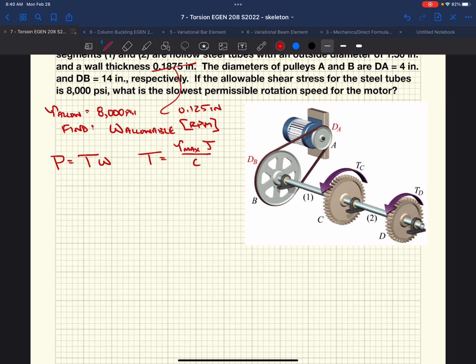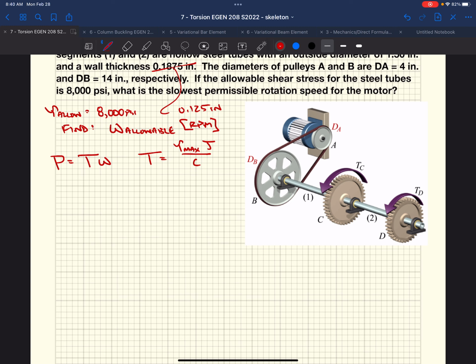And if power is set, if we're limiting T, then we're going to have to limit omega, because there's only going to be so much power coming in. So this is going to be 25. We can only handle so much torque because we can only handle so much shear stress. And so in order to make up the difference, if torque is limited, we're going to have to adjust our omega in order to reach our 25 horsepower, okay? So that's what we're going to do.